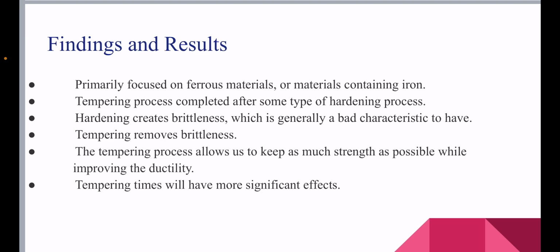The metal, after being heated for that long amount of time and then quenched, is going to be very brittle. So we want to do this to counteract some of that without totally getting rid of the strength that we put into the metal in that quenching period.